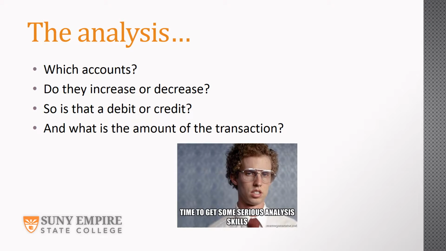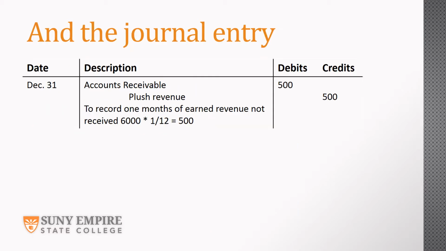Now that we have all the information needed, we can actually create our journal entry. We start with the date. Because we create the adjusting entry at month end, the date will be December 31st. Next, we list the account debited, accounts receivable, and the amount of the transaction, $500.